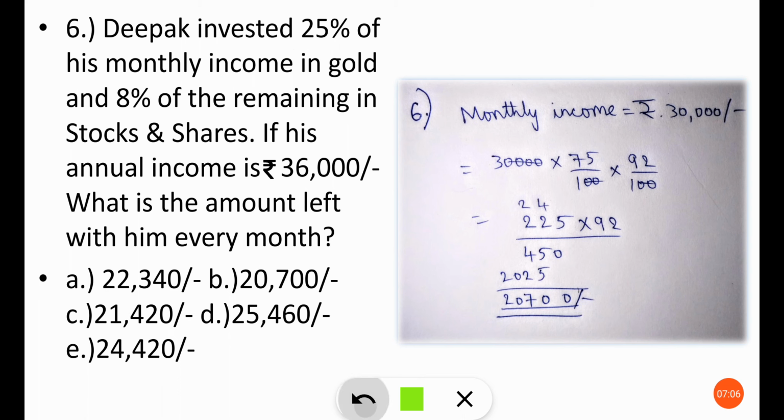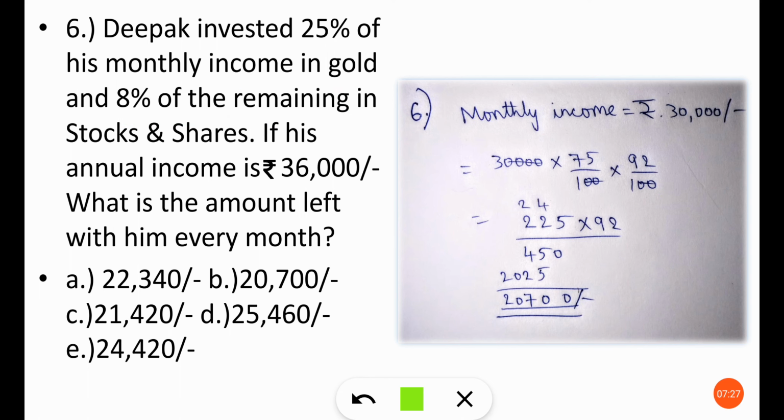No, we should not do like that, because here 25% of the gold he invested means we have written the remaining as 75%. Again, he has given 8% of the remaining, we should always take as 100%. So the 8% of the remaining he has invested in stocks and the remaining is 92%.